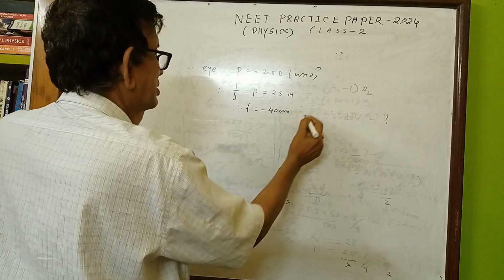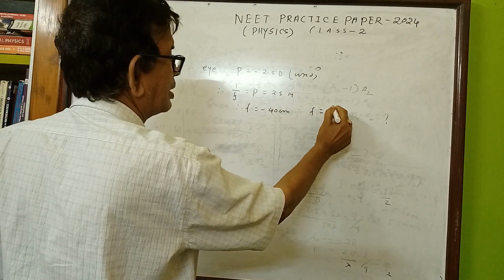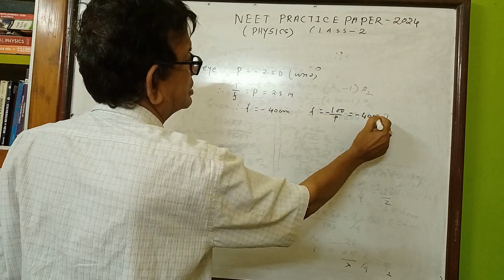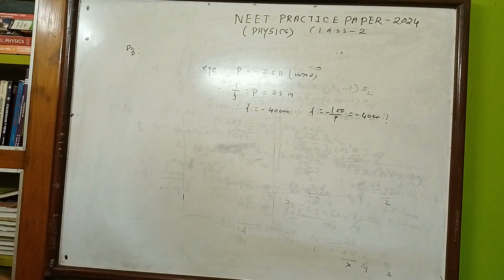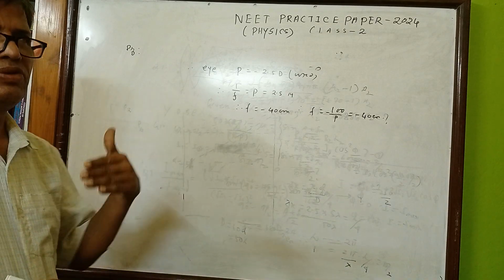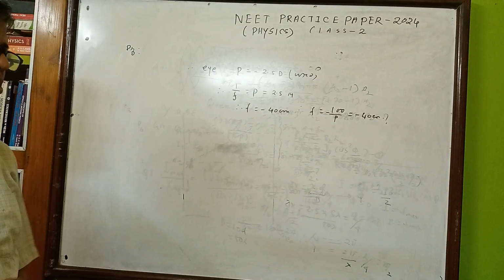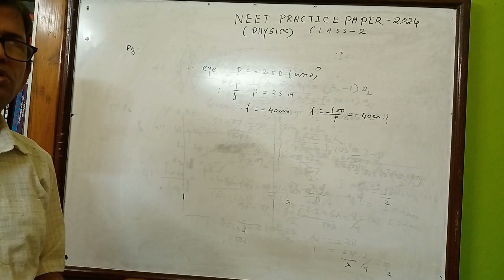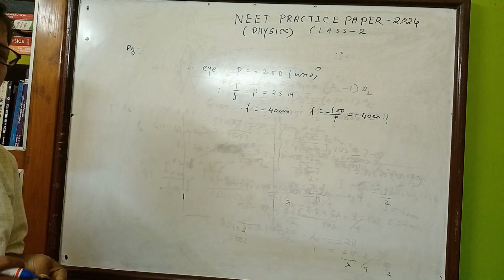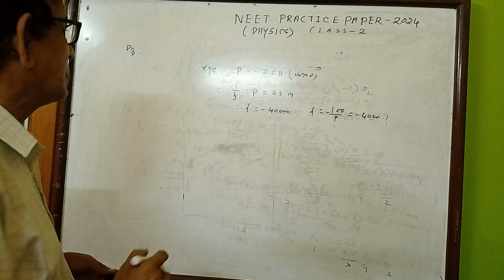How can you get it? You know focal length equals 100 by P, that is minus 40 centimeter. So this is the concave lens you are using. So it is a nearsighted problem. That means you can't see objects very far away from your eye. In this case the focal length is reduced, the eyeball is elongated, and the image is formed in front of the retina. Always remember.